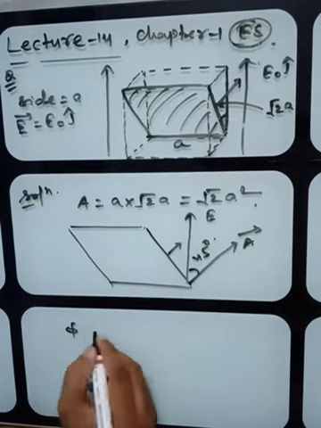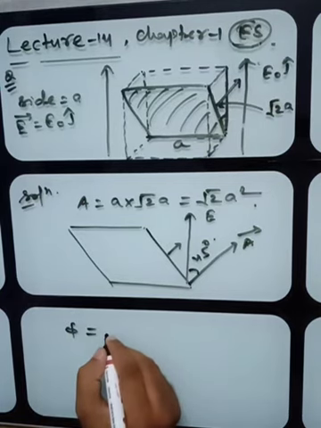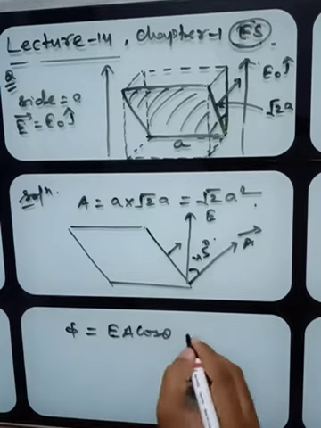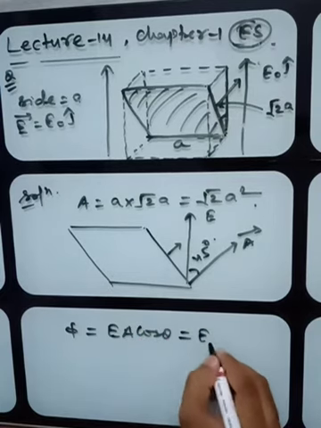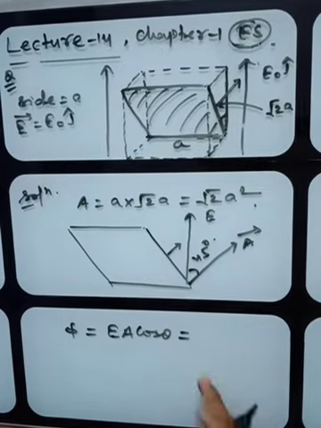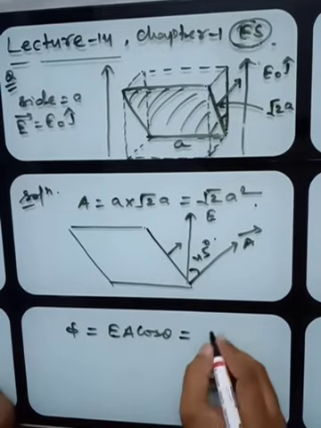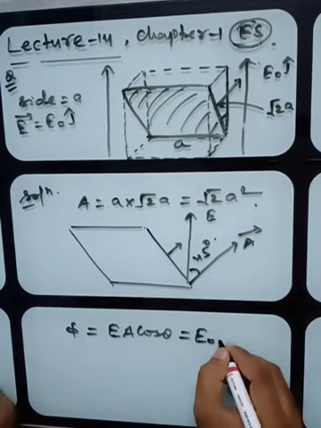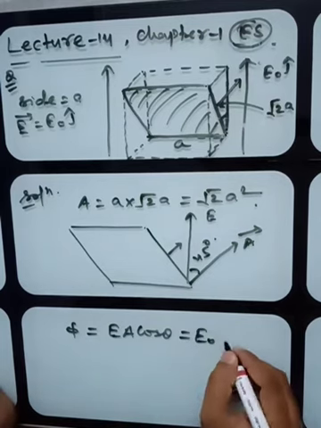So flux student, you can write here the E A cos theta we have been studied. Here the E is E naught J cap. Now you are not required to write the cap because we have been taken here the cos theta. So the E naught and A, it is how much?